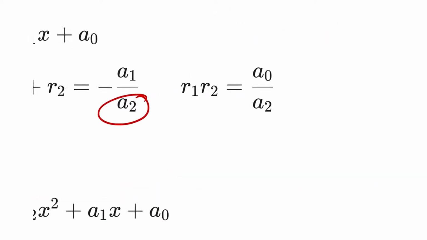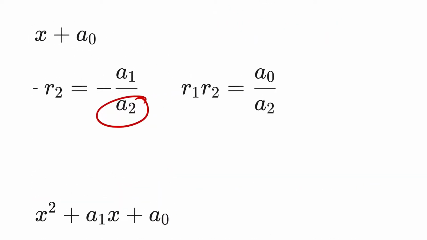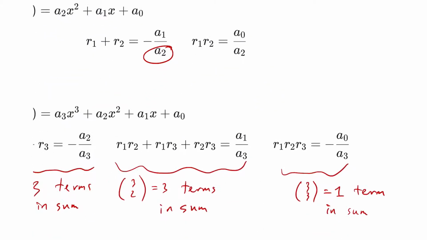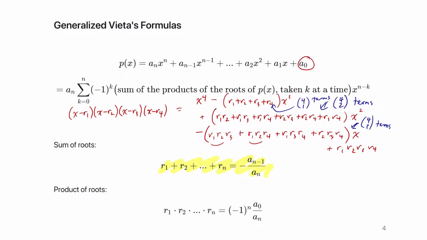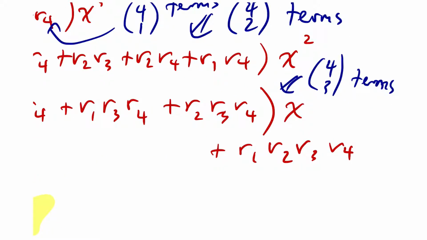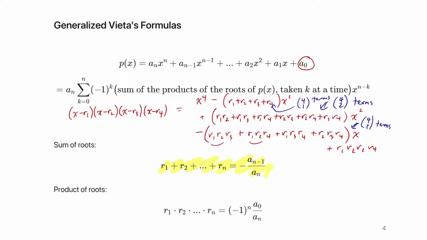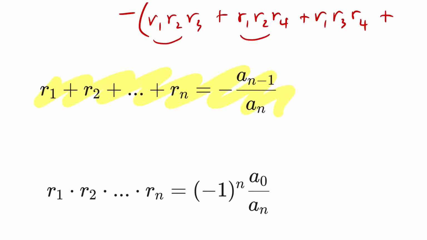Right? So back in the degree 2 case, we noticed that this term didn't have a negative 1 out front. In the degree 3 case, it did have a negative 1 out front. In the degree 4 case, it does not have a negative 1 out front. How do we generalize? Well, in the cases where n is odd, it should be negative. In the cases where n is even, it should not be negative.